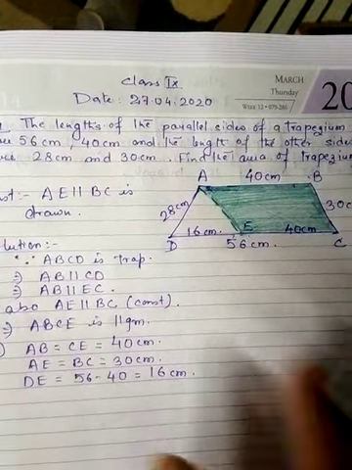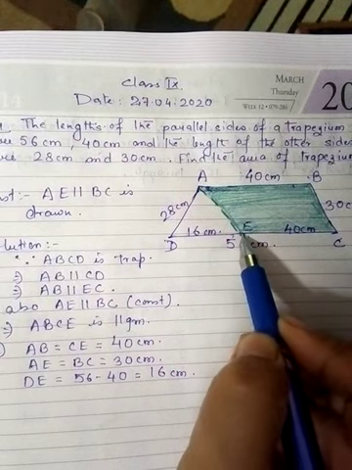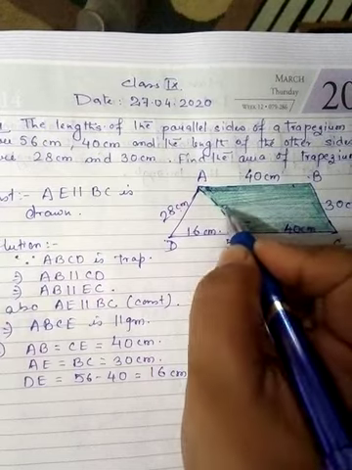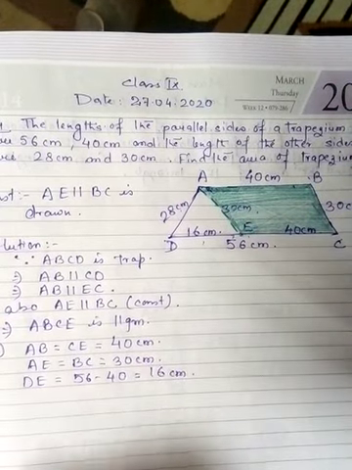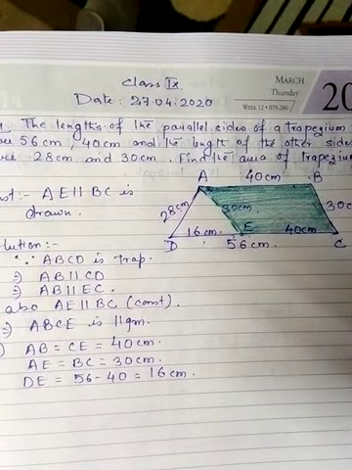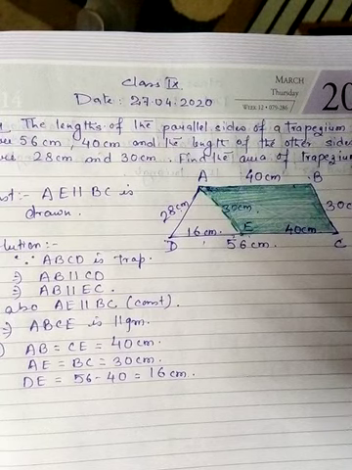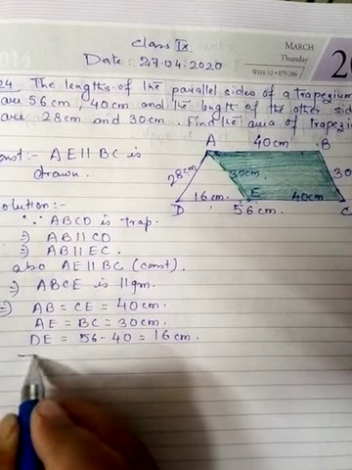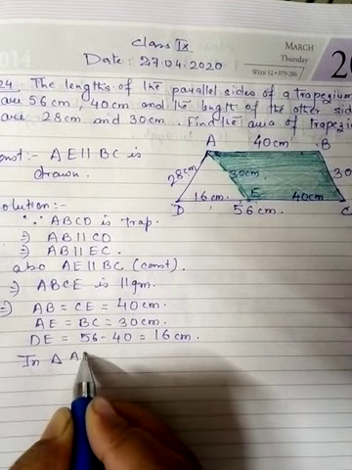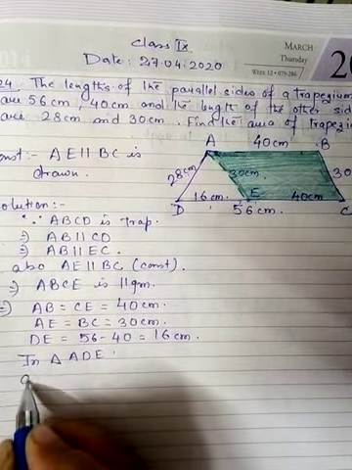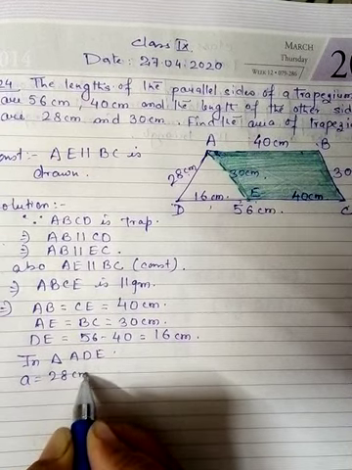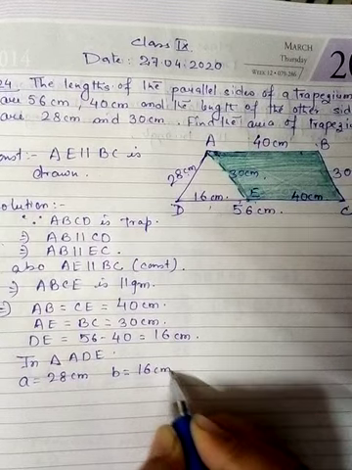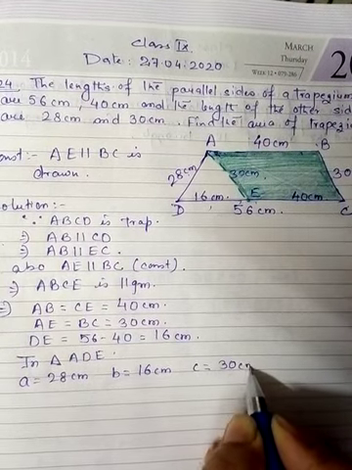So we get a triangle ADE in which the sides are 28 centimeter, 30 centimeter and 16 centimeter. Since the lengths of all three sides are given, we will use Heron's formula to find the area of the triangle. So in triangle ADE, let's suppose a is equal to 28 centimeter, b is equal to 16 centimeter and c is equal to 30 centimeter.